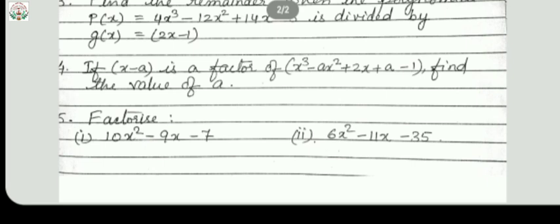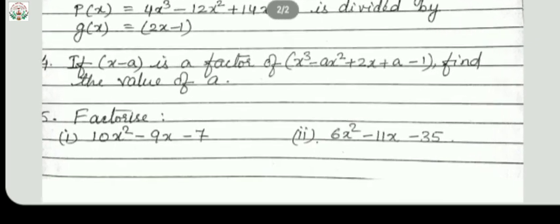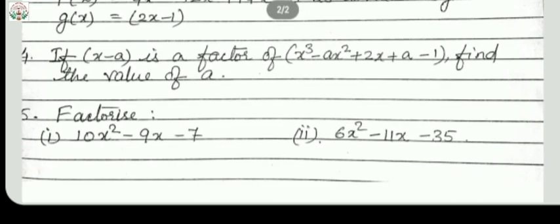Same is the second one also. The second one also you have to factorize by splitting the middle term. The quadratic polynomial is 6x square minus 11x minus 35. Factorize this quadratic polynomial.